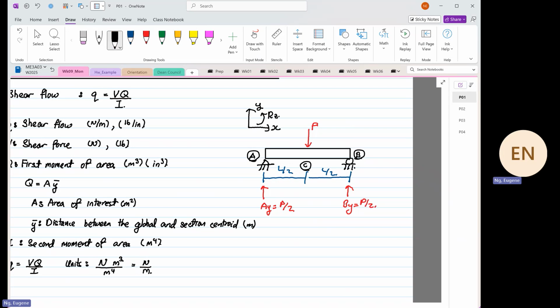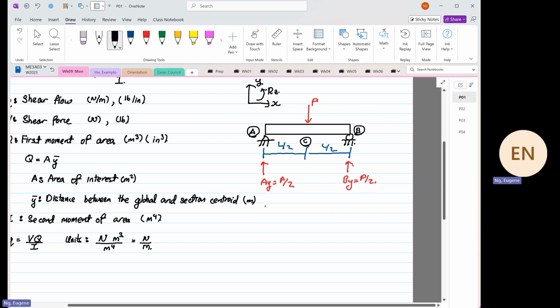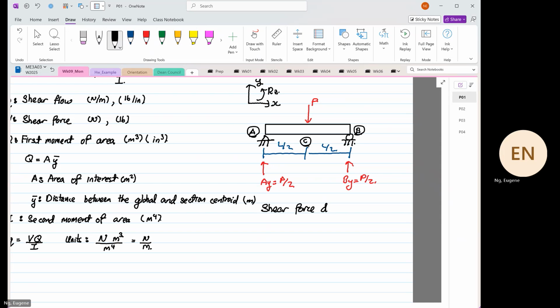So when we sketch our shear force diagram, we have a profile that looks like this. Okay, so this is our L/2, and this is our L. How it looks like is we have here to here P/2, and then it comes down by P, and then you have minus P/2, and it finishes off here.